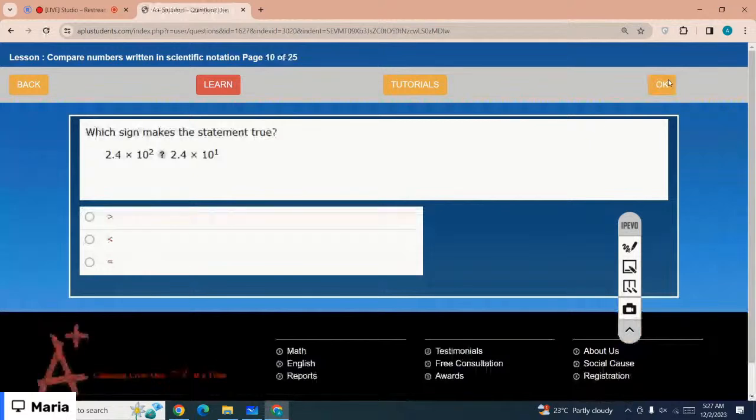Okay, which sign makes the statement true? 2.4 times 10 exponent 2, you have to compare it to 2.4 times 10 exponent 1. So which is the correct option?